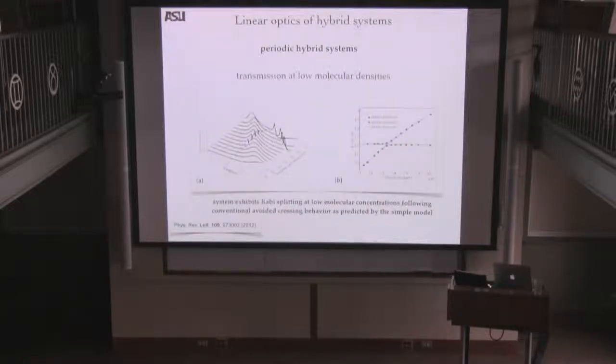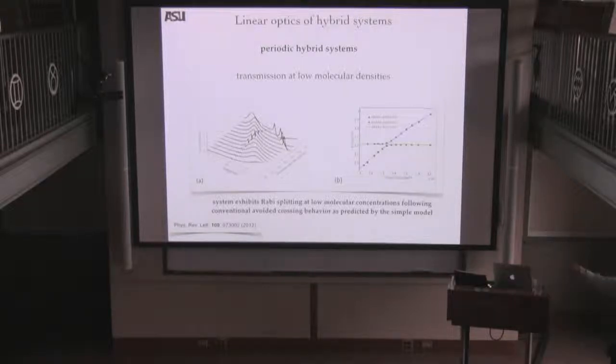Okay? So here are the first simulations for low molecular densities. For the low molecular densities, this is transmission as a function of the energy in electron volts at different periods of this slit array. So what you see is a very nice avoided crossing picture, as it should be.